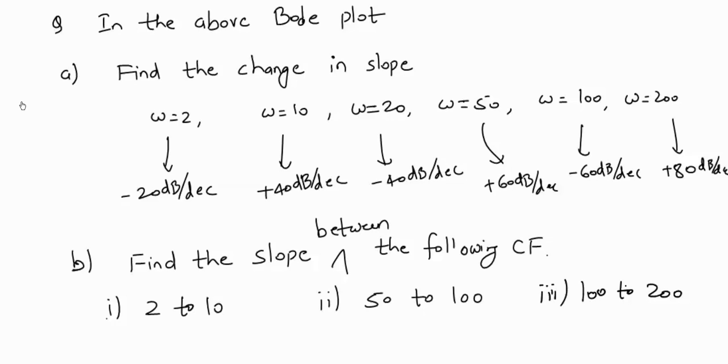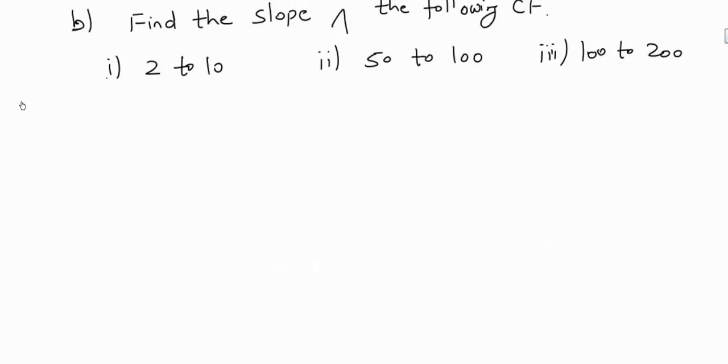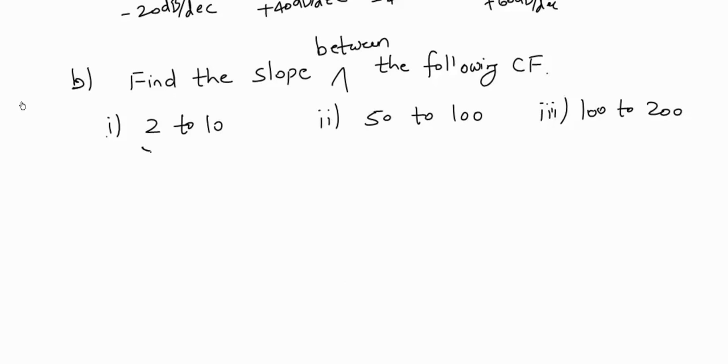Now this can also be done from the transfer function itself. So how will you do this? While calculating the slope between any two corner frequencies, here you have to consider greater than 2 and less than 10. Therefore, you will include all the poles and zeros up to the corner frequency 2, and then the poles and zeros up to 10.